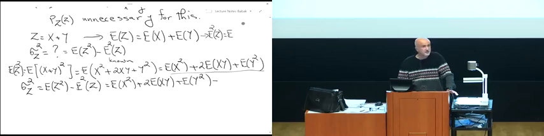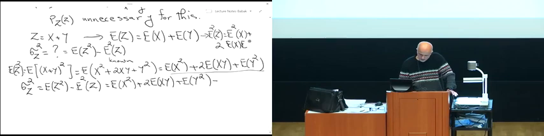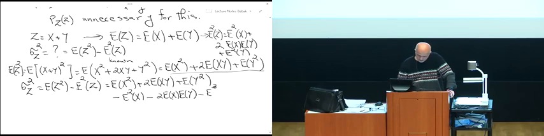E squared of x plus 2E of x E of y plus E squared of y. I apologize for the grunge. So now I subtract all that from here. So I have minus E squared of x, minus 2 E of x, E of y, minus E squared of y.